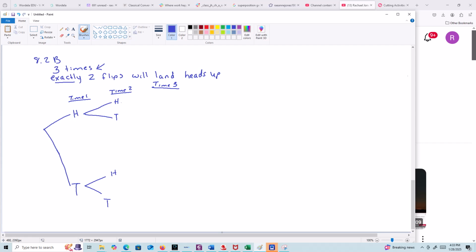If we got the head, we need to go a 3rd time and we could get head or tails again. Here we could get head or tails again, and here, and finally head or tails.